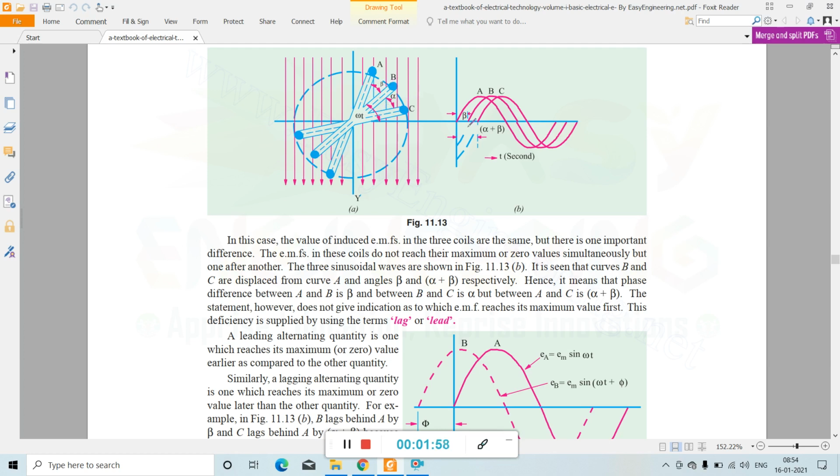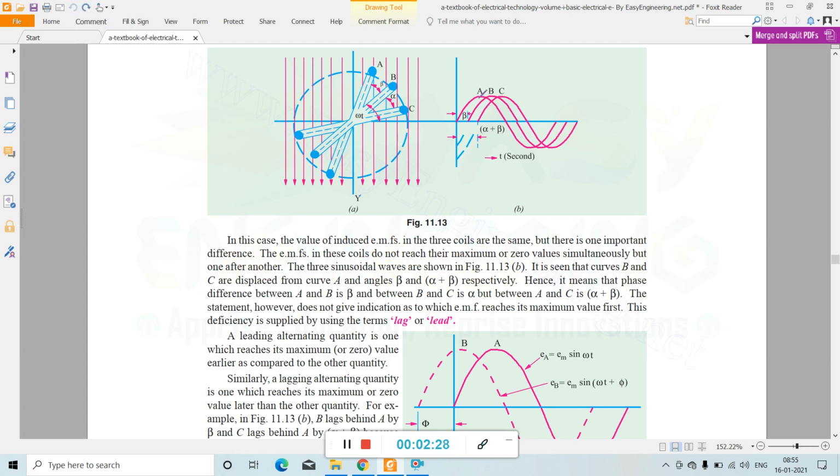Okay, so the waveform of the induced EMF for A is drawn here like this, then for B it is like this, then for C it is like this. See what happened: the value of induced EMF in the three coils is the same, but there is one important difference. What is that difference? The EMFs in these coils do not reach their maximum or zero value simultaneously.